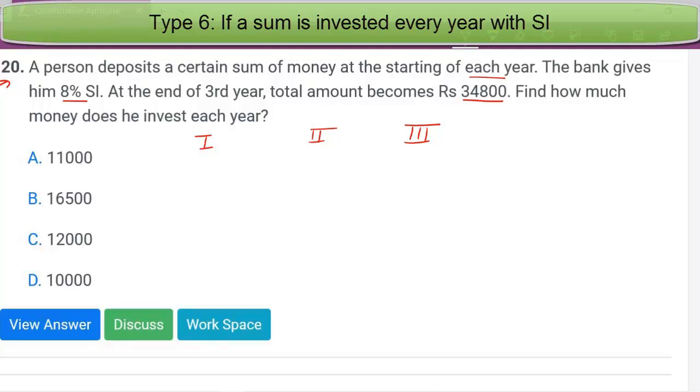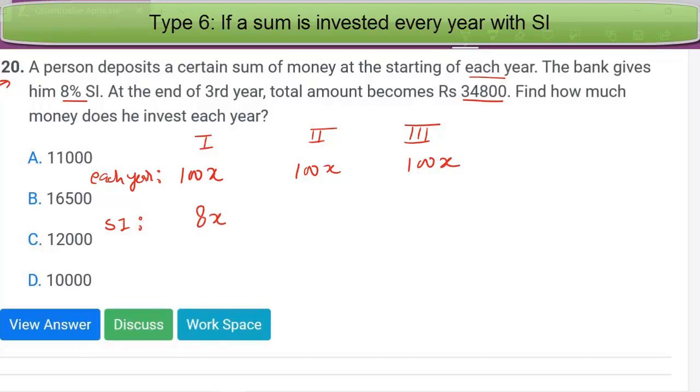Again I will assume the same thing, something like 100x. Suppose he is investing 100x each year, the same amount: 100x the first year, 100x the second year, and again 100x in the third year. At the end of the year, what simple interest will he get? At the end of the first year he will get 8x, 8 rupees on 100.